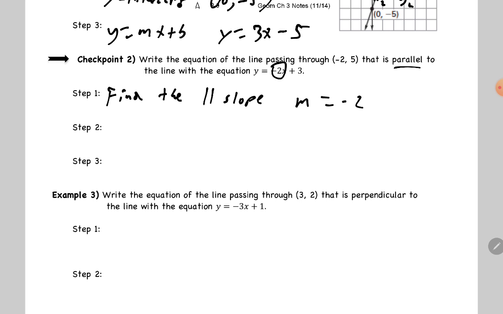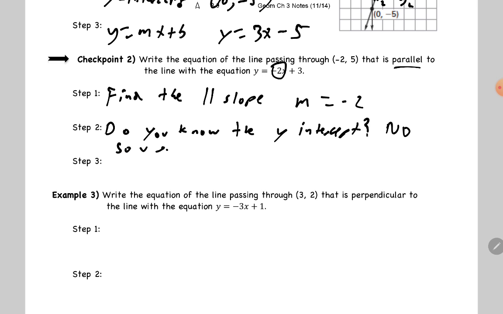Okay, and then part 2. Do you know the y-intercept? No. So use point slope. And once again, that is y minus y1 equals m times the quantity x minus x1.